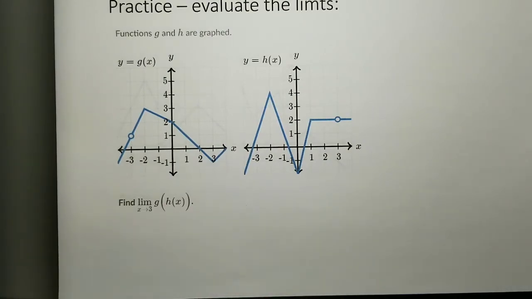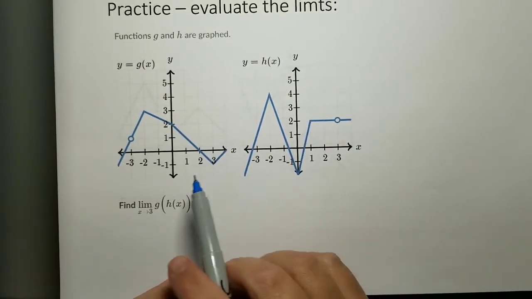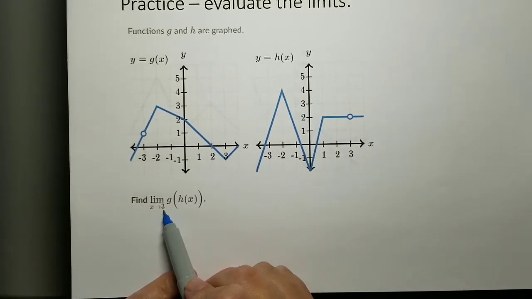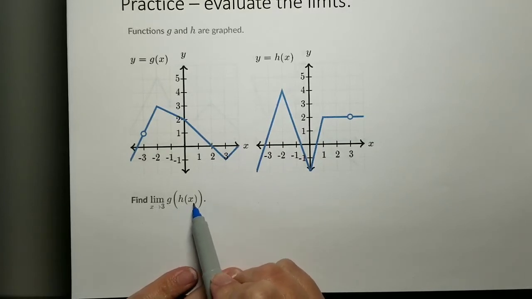Now this is one where we're using composite functions and a little bit of a way that might make you think a little more deeply here. So we have two functions, again, g and h, and we're looking for the limit as x approaches 3 of g at h at x.